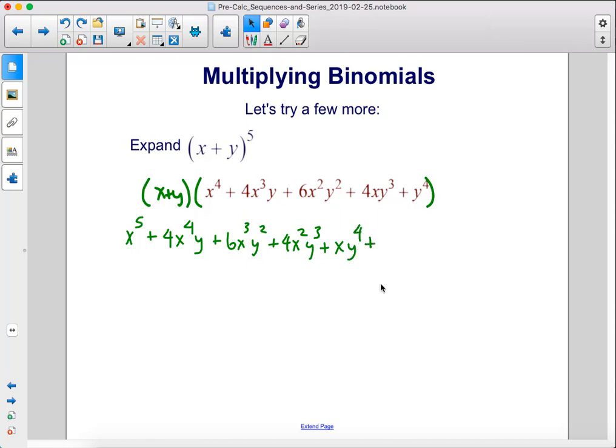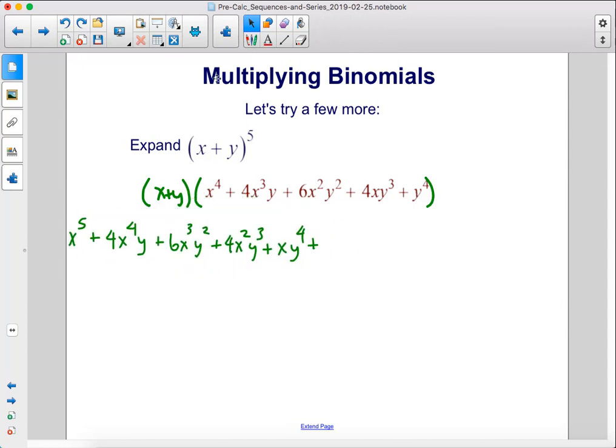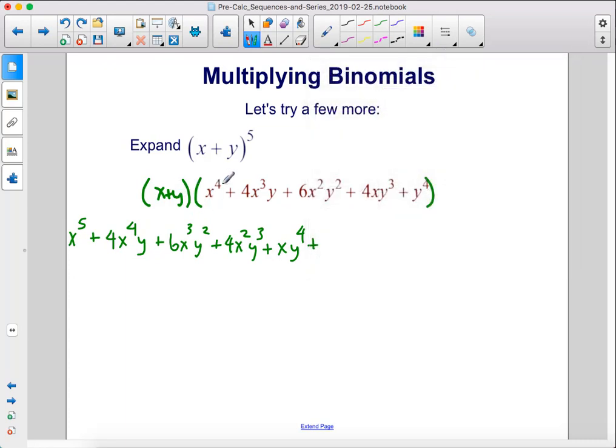Plus, now we're going to multiply each term here by y. Y times x to the fourth is x to the fourth y plus 4x cubed y squared plus 6x squared y to the third plus 4xy to the fourth plus y to the fifth.